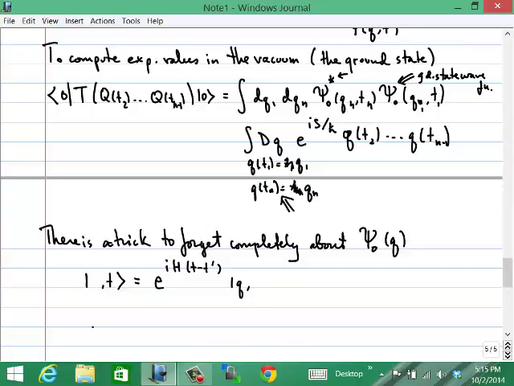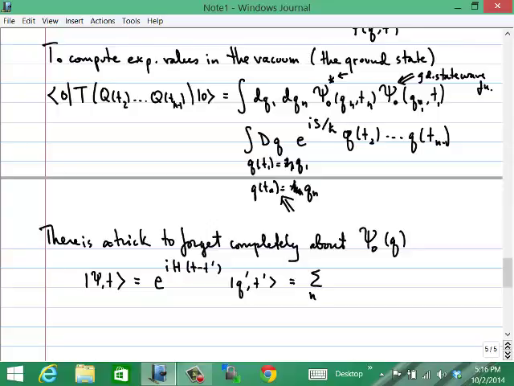So let's imagine that we have some state, psi, at time t, and we want to think about it as the time evolution of some state where the particle was in position q prime at some earlier time t prime. So let's imagine expanding this right-hand side in terms of energy eigenstates. Well, what would this look like?